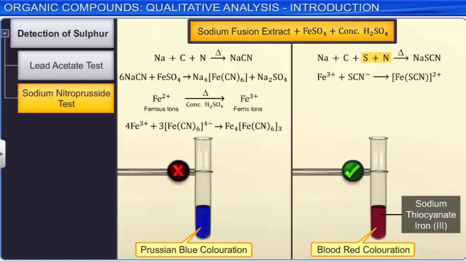In the test for halogens, sodium fusion extract is first boiled with dilute nitric acid. To this solution, a few drops of silver nitrate solution are added.